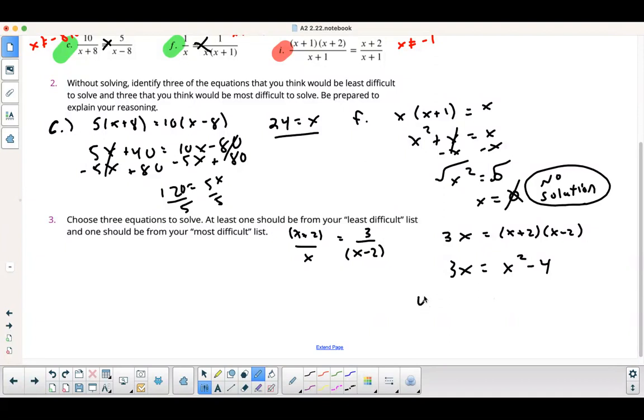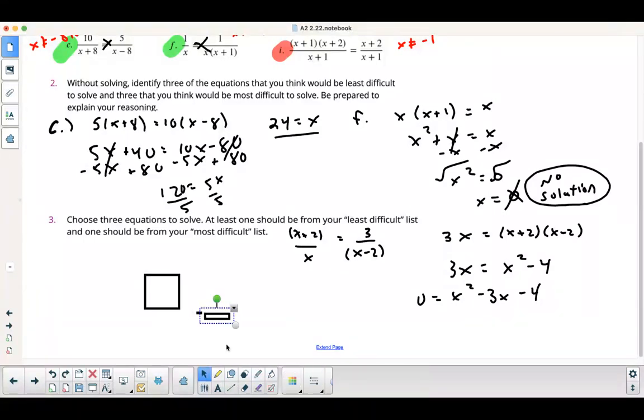So again, this one is a little bit harder. When I move the 3x over, I've got to subtract, and I'm going to have to factor this. So make your box.